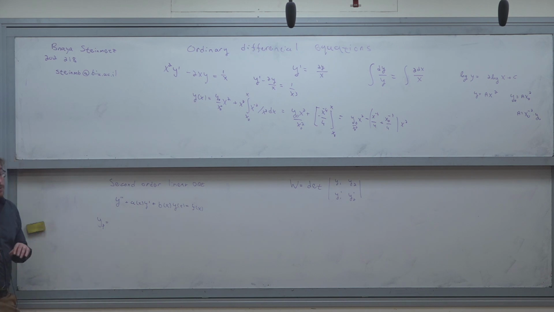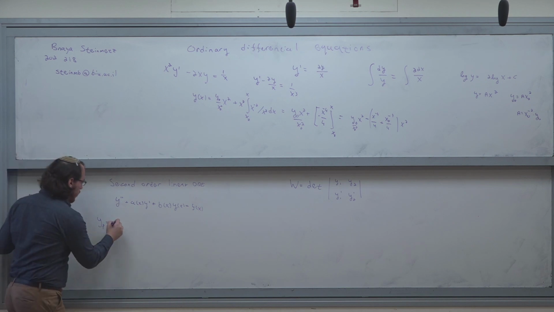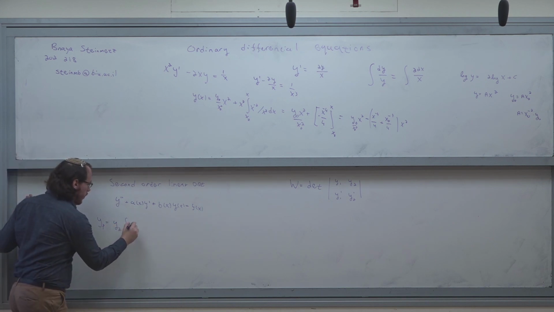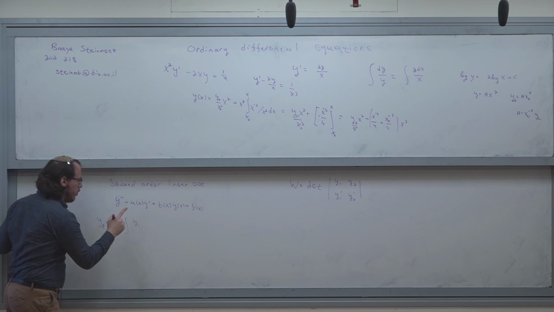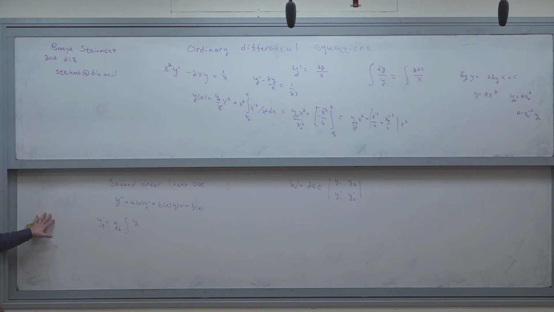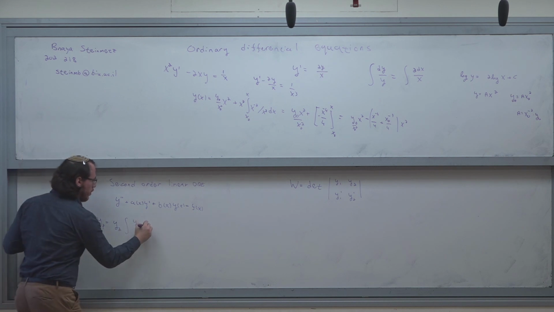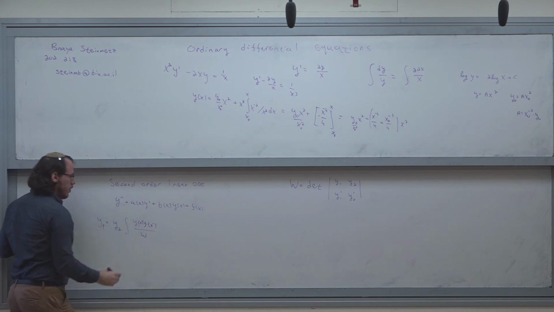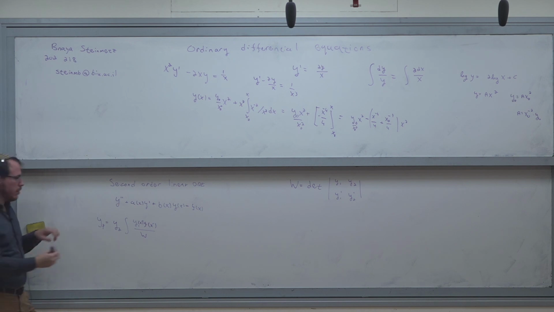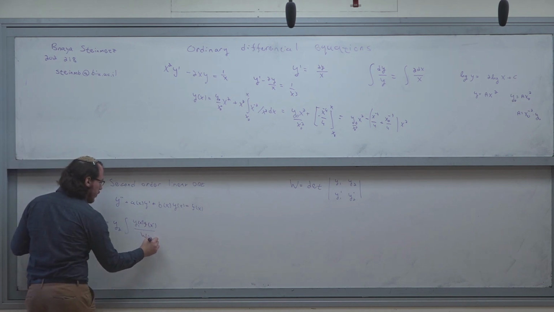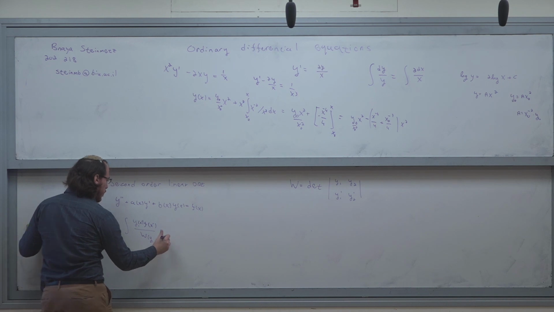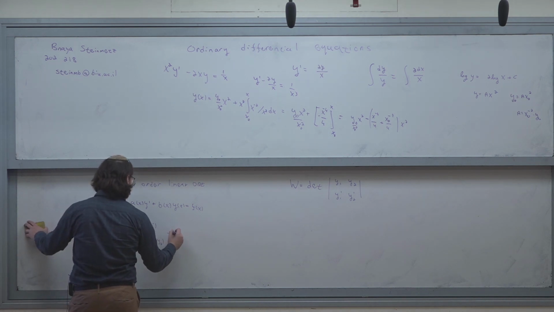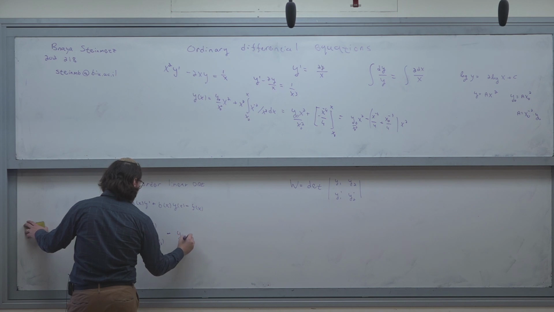Okay, it won't necessarily be the only solution. As y2, y1 over x. No. Okay, so I probably should write here y1, y2, and here is minus, I think. 1.